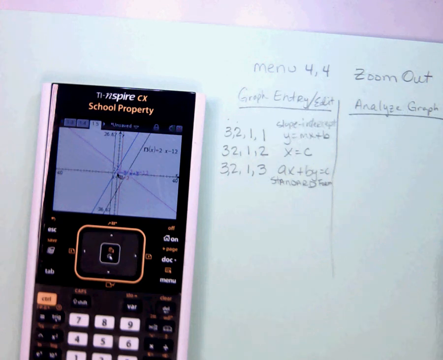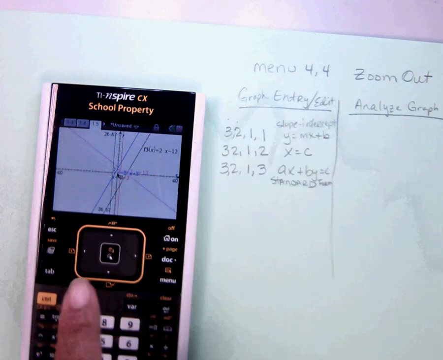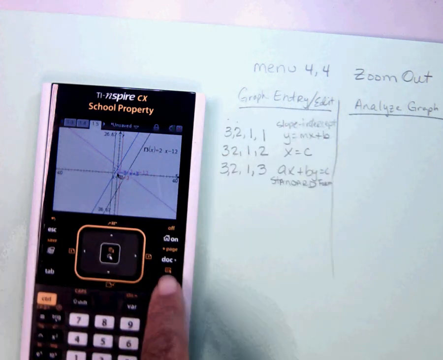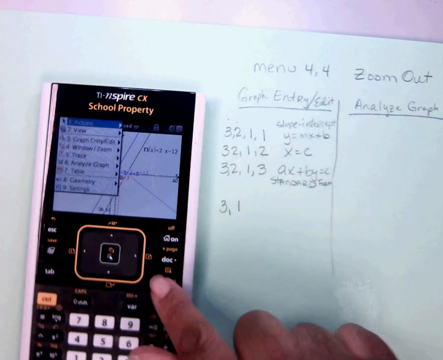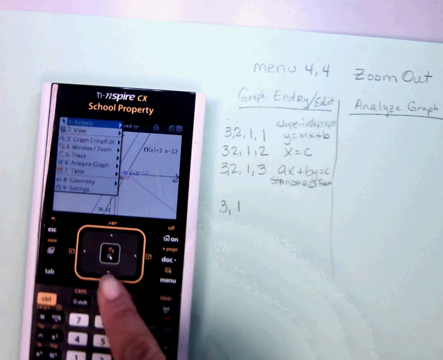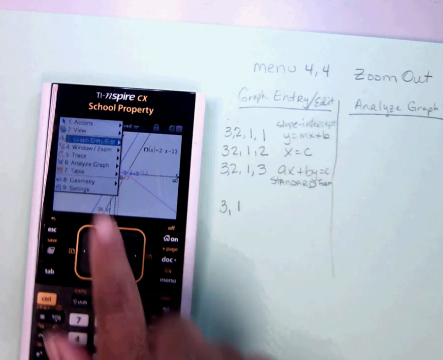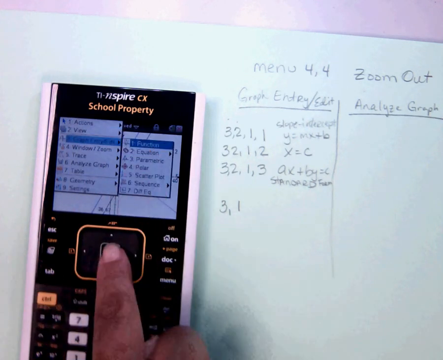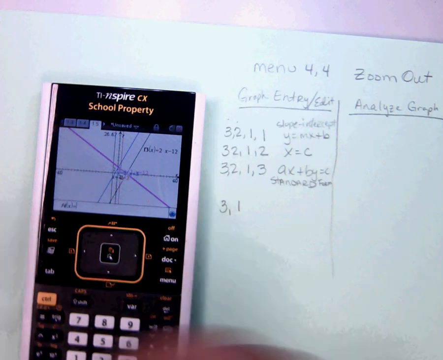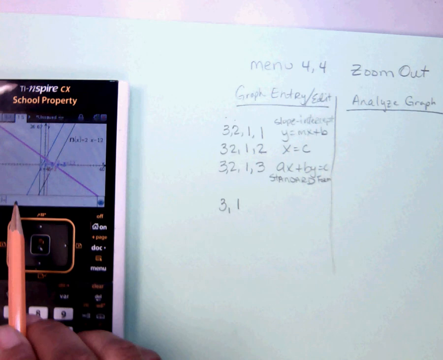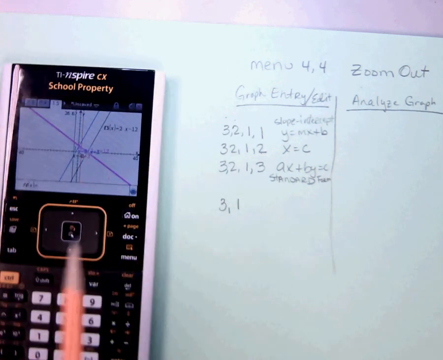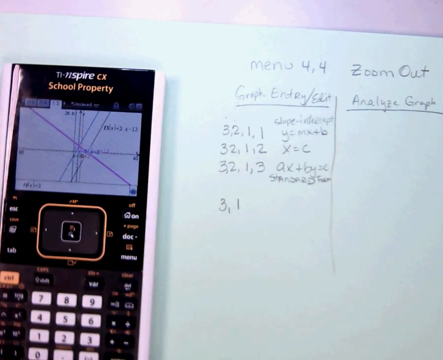Now, if you do all of that and you want to get back to the f of x, the function, you want to do menu 3, 1. And that one we didn't do a lot. I just told you to start a new graph. So menu 3, and that's what 1 stands for, function. Now we could enter that 2x plus 3 without putting 2 and then just 3.